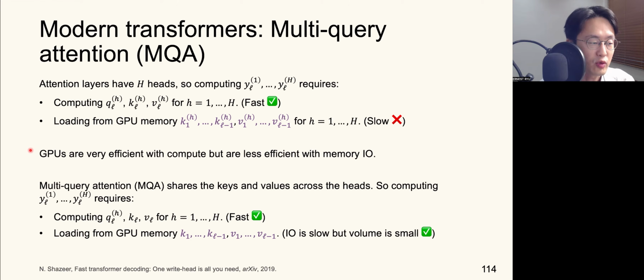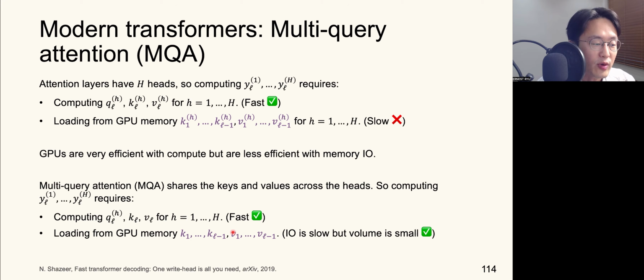Generally speaking, GPUs are hyper efficient with compute, but less efficient with memory I/O. Multi-query attention, MQA, tries to better utilize the compute efficiency of GPUs while avoiding memory I/O. It does so by sharing the keys and values across the heads. To compute the y vectors, y1 up to yH at position L, we first compute the Q, K, V vectors for the current position. That's not a lot of computation, and compute is fast anyway, so this is not a problem.